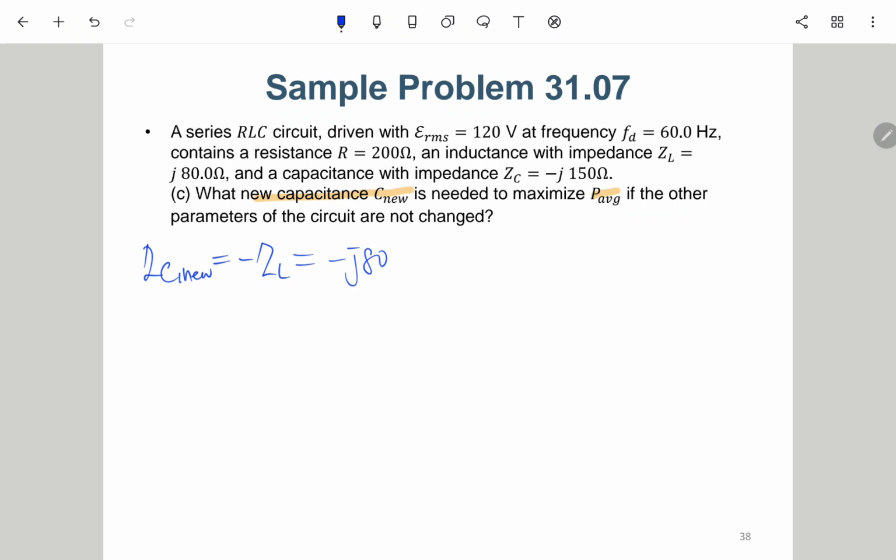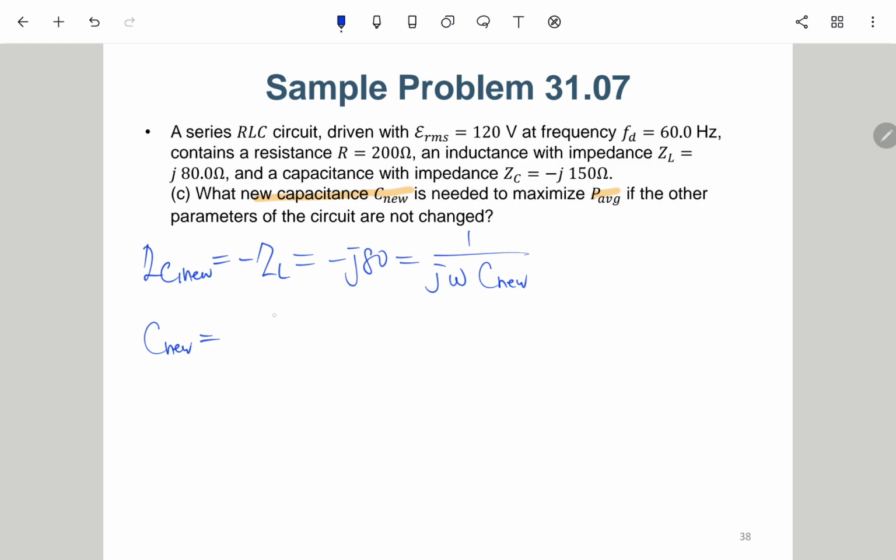In that case, this is 1 over j omega C new. So C new will be, the j here gives negative 1, and minus this negative 1 will be a plus 1, so this is nothing but 80 ohm.